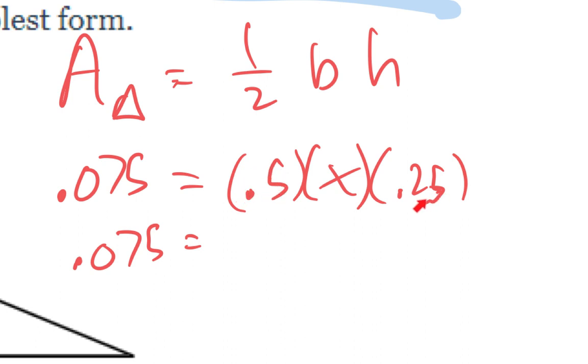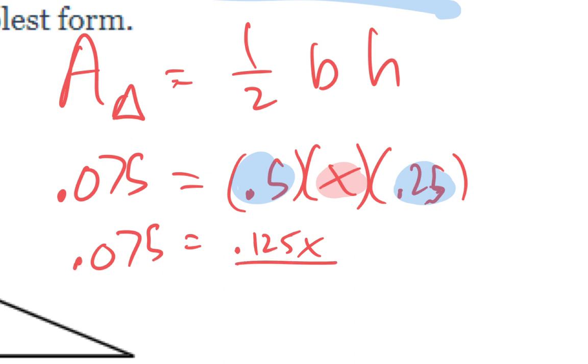So 0.5 times 0.25, or half of 0.25, is 0.125. That's still multiplied times the x, so we bring down the x right over here. Now that may look a little bit easier to you. See if you know what to do for the last step. Hopefully you recognize it's still the same thing, just looking a little different.